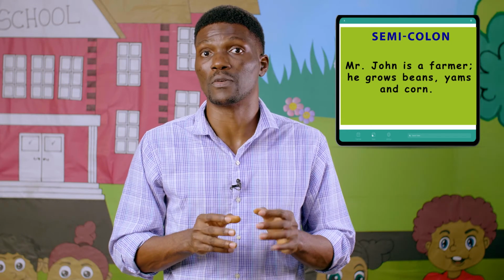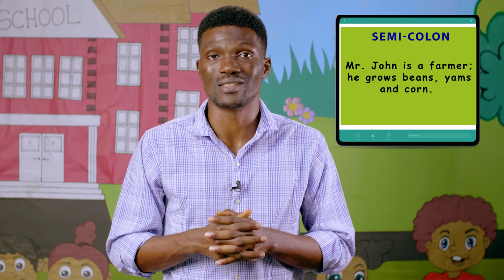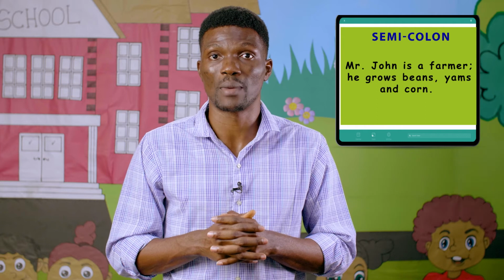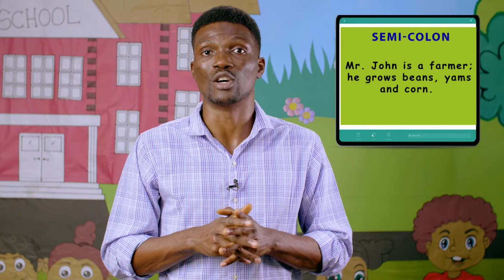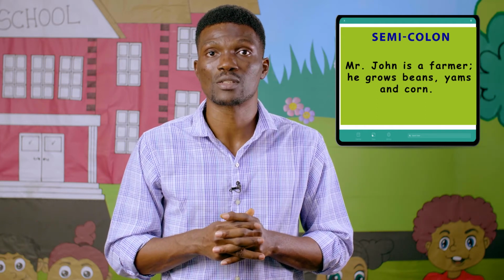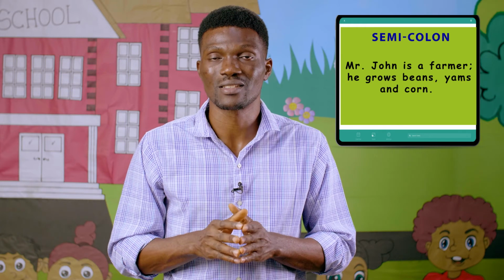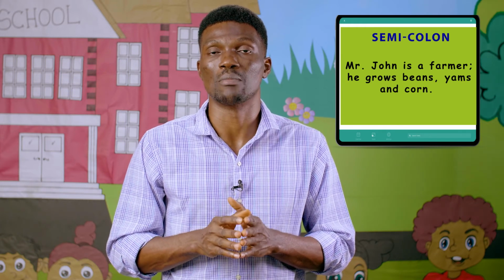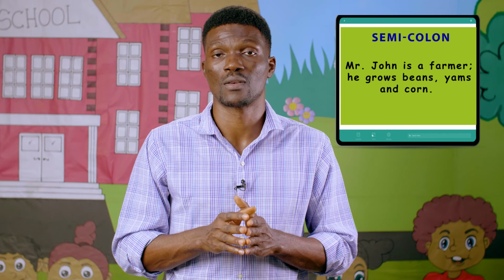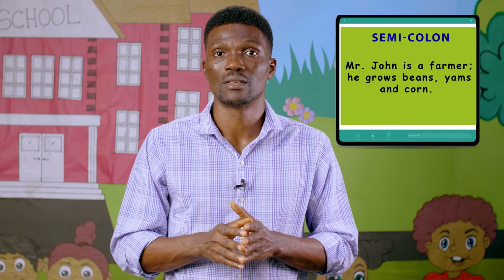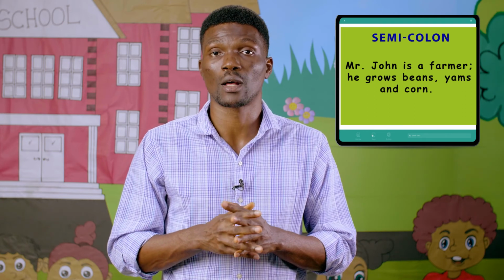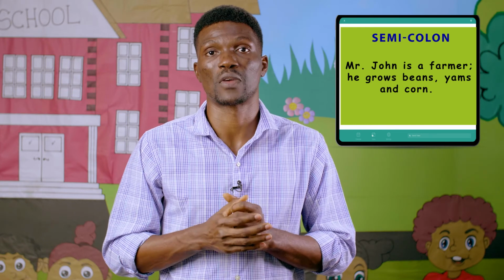A comma is used for many different things, but this is not one of them. If you put a comma, it becomes another error, a comma splice. So it's best to use a semicolon or a dash to break these two main clauses, and you'll be perfectly fine.